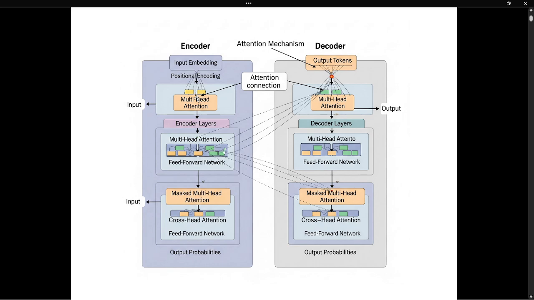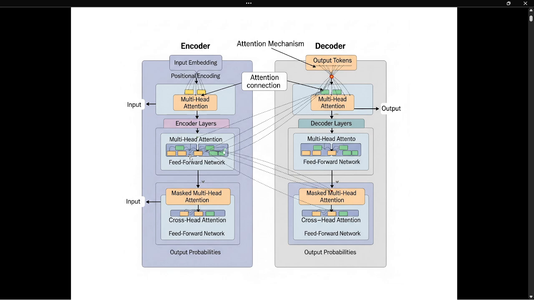Then we have the encoder layer, where each word looks at all other words using multi-head attention, capturing meaning in each context. So it handles all the context.